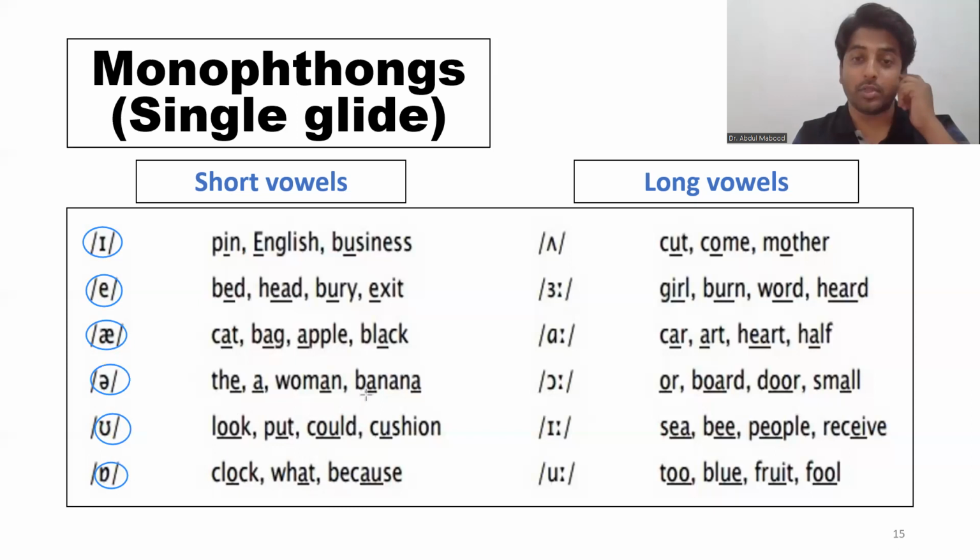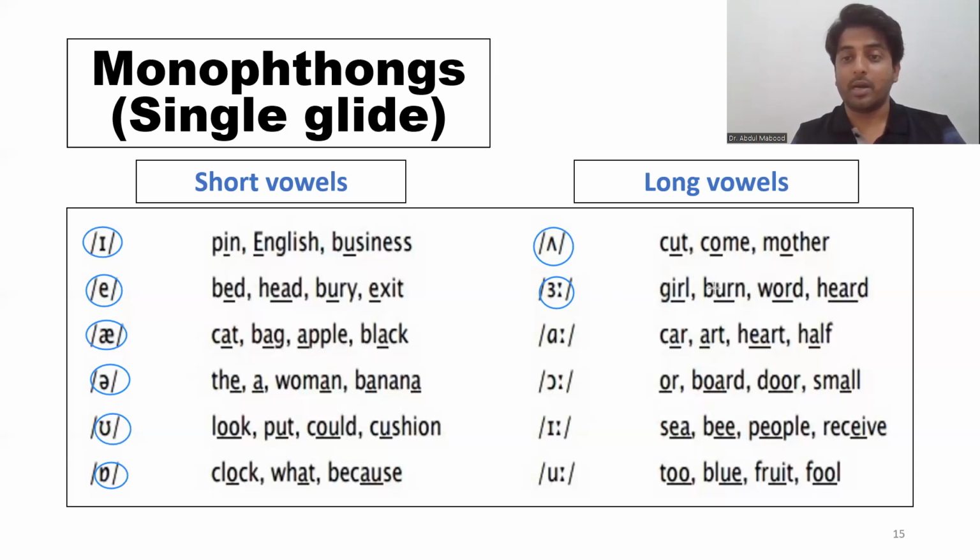Now come to the right side. They are relatively longer. Here, this one: cut. It is not cot, it is cut. Then come, mother. Then it is a bit longer than the earlier one: girl, burn, word, heard, longer and wider.